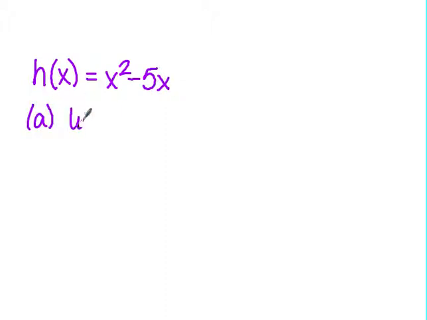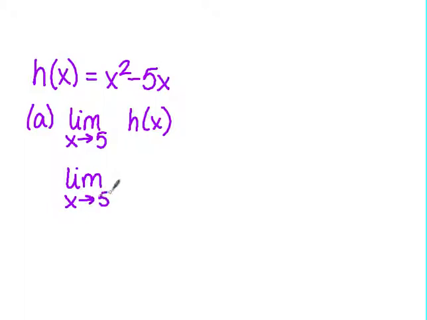So on number 1, what are you going to do for part A? Yep, all you're going to do when it gives you this, that just basically means the limit as x approaches 5 of whatever the h of x function is, which is this one right here. So all you're going to do is plug in 5.